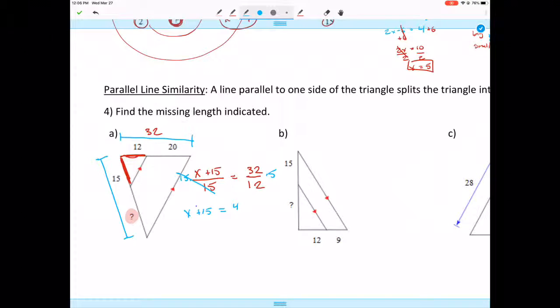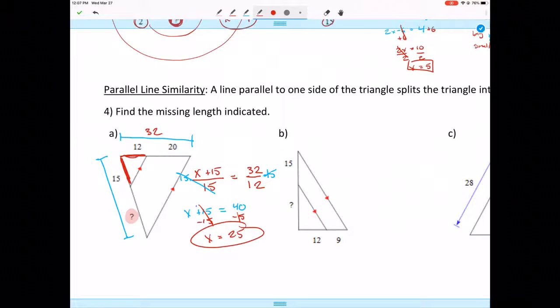All right, so that gives you 40. And then we can just subtract 15 from both sides. So we get x equals 25.